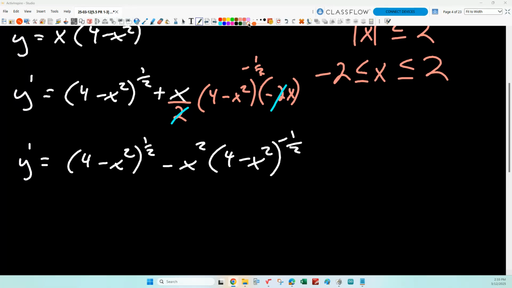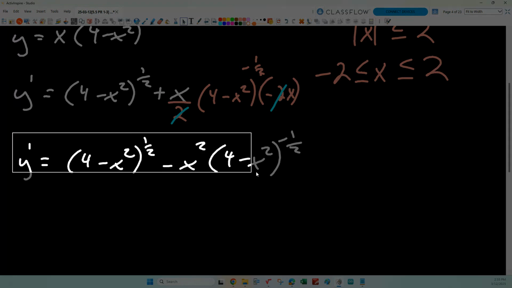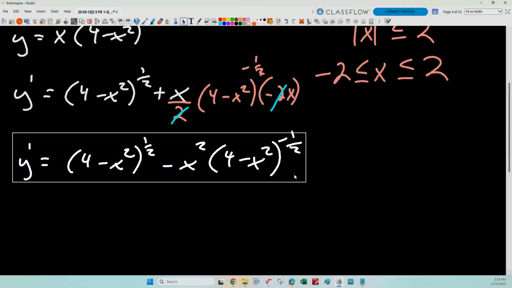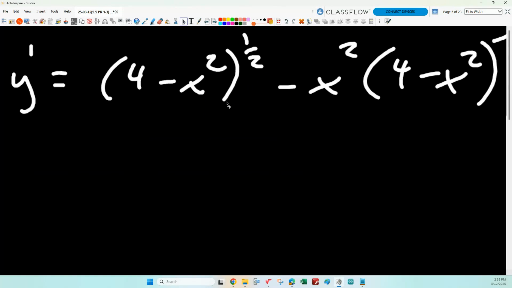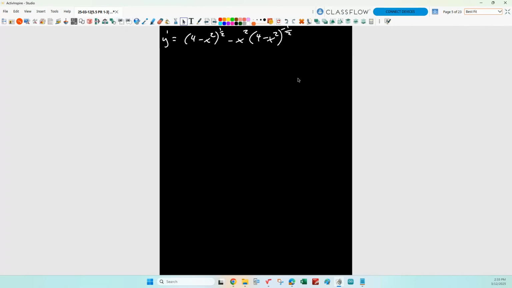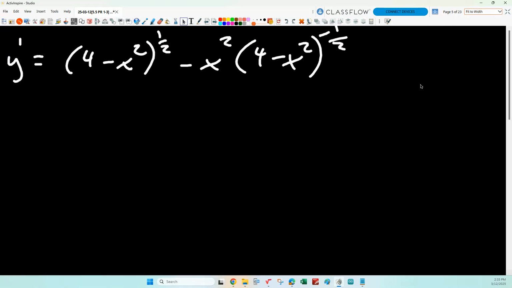Jake, you had an idea. What were you going to do? Well, what I was going to do was rewrite 4 minus x squared to the 1/2 as the square root. Okay, so one way to do this would just be to make those into square roots.